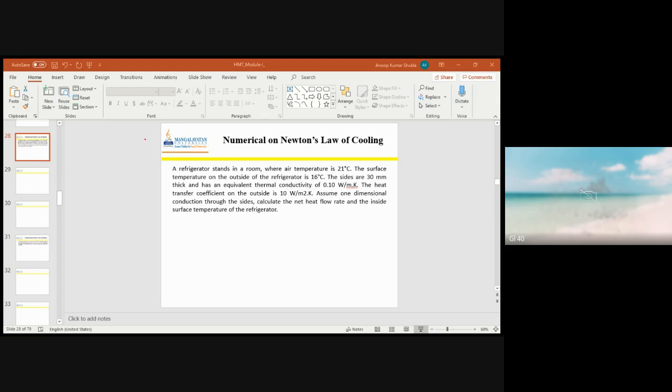So when we put this relation, Q conduction is minus KA del T upon del y at y equal to 0, and this is equal to h times Ts minus T infinity. So here, what is the temperature of the plate at 60 degrees Celsius?